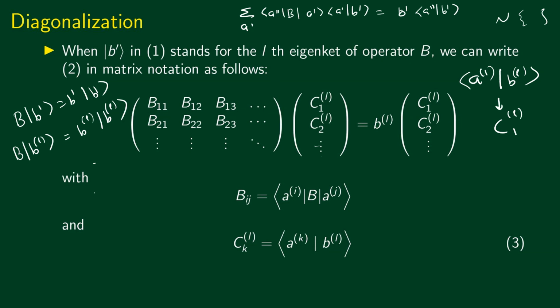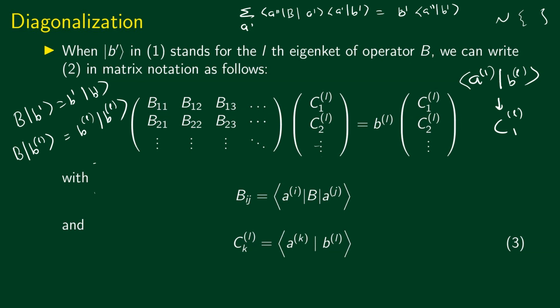And what are these B11, B12, B13, etc.? These are the matrix elements of B in the old basis, the A basis. They are given by Bij equal to bra Ai B ket Aj. Similarly, CKL is the component of the nth eigenket along the direction ket AK, given by bra AK ket BL.